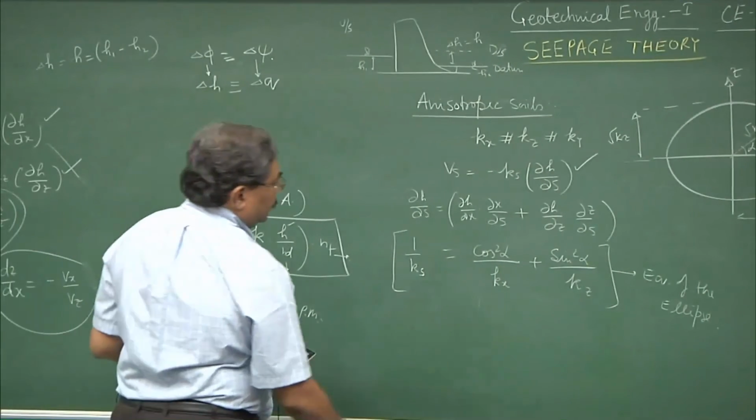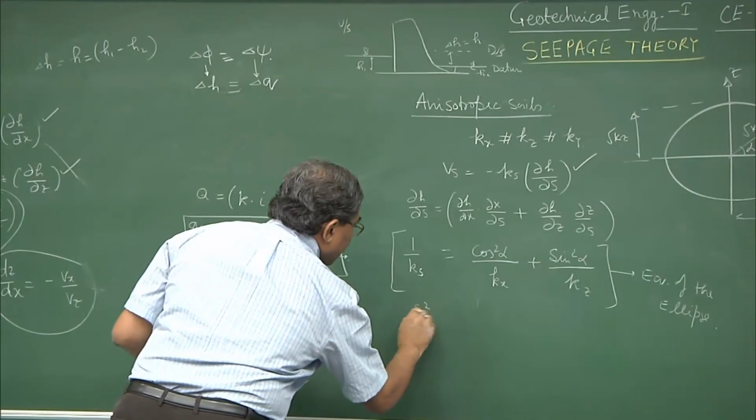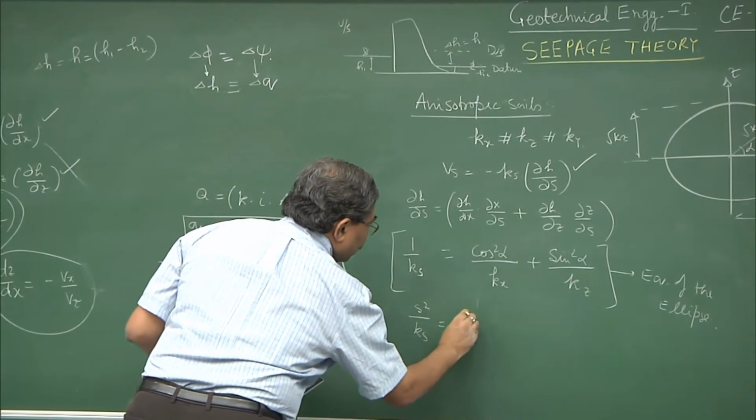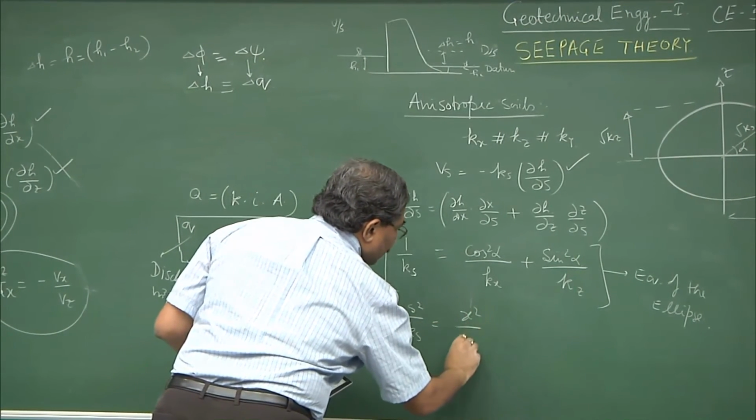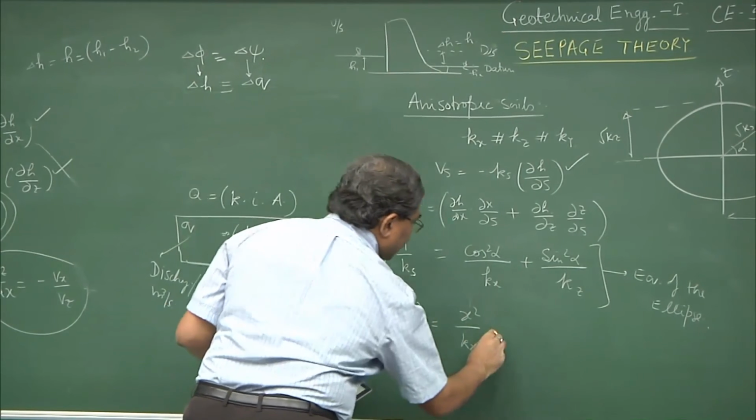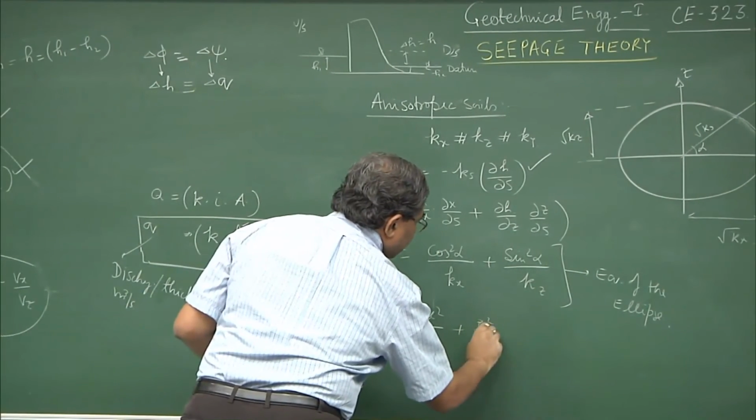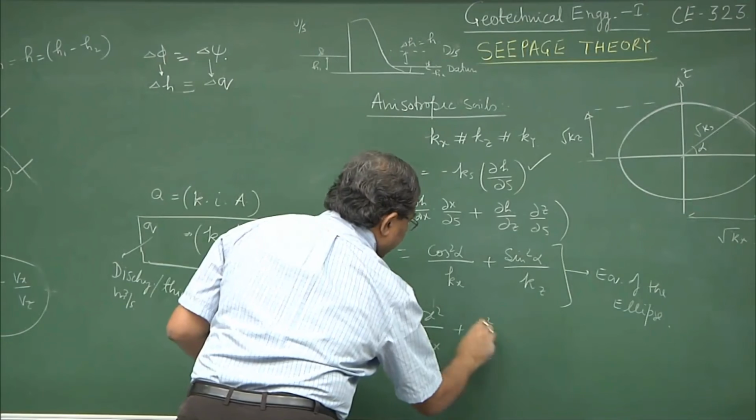This can also be written as s square upon k s equal to x square upon k x plus z square upon k z.